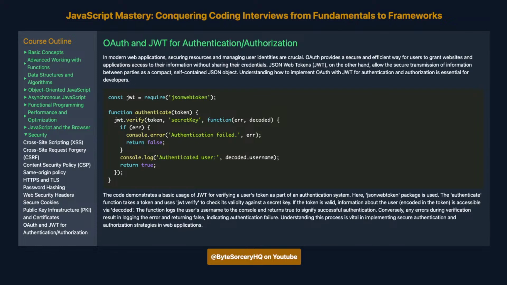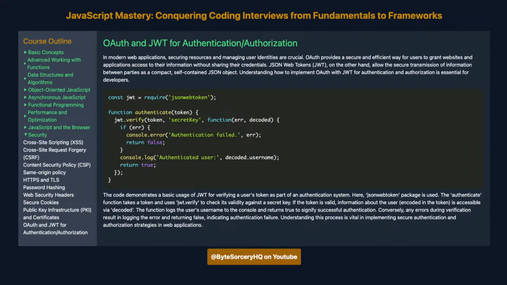The code demonstrates a basic usage of JWT for verifying a user's token as part of an authentication system. Here, the jsonwebtoken package is used. The authenticate function takes a token and uses jwt.verify to check its validity against a secret key. If the token is valid, information about the user, encoded in the token, is accessible via decoded.